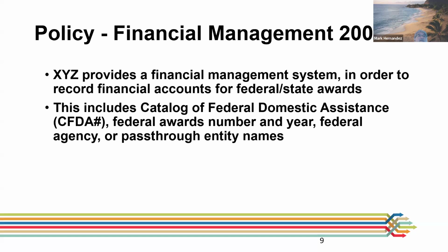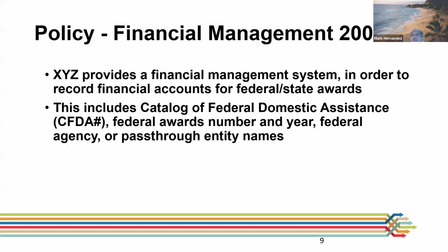Now we're going to get into the financial management, and that citation is 200.302. I look at financial management as one big process, so I use it as a policy in this situation. And then the other things that we're going to describe, I use as a procedure, because the procedure fits for the policy.